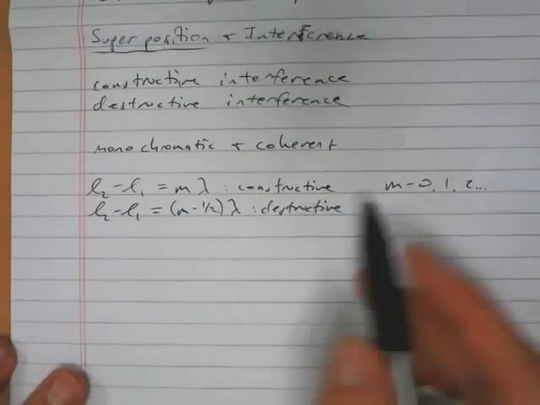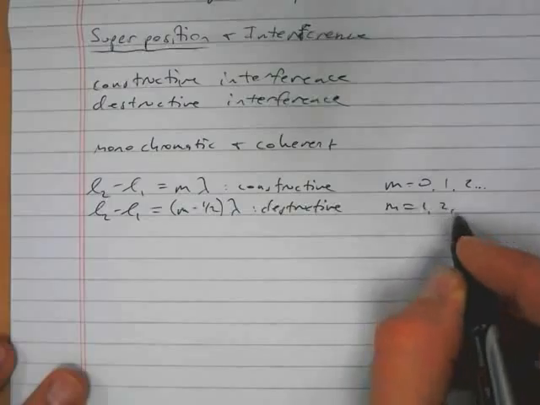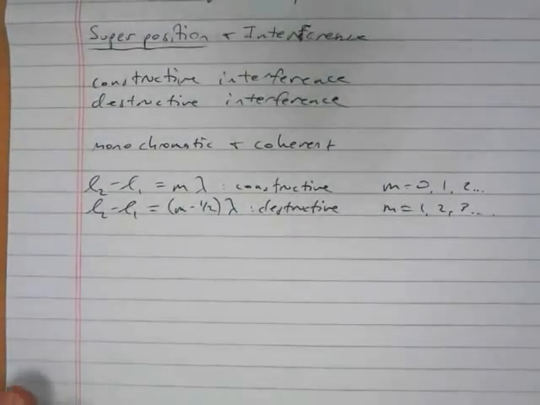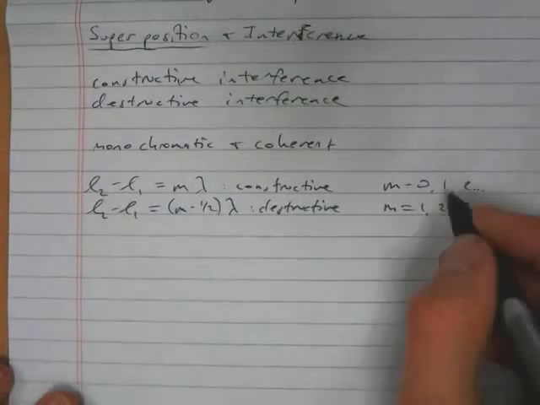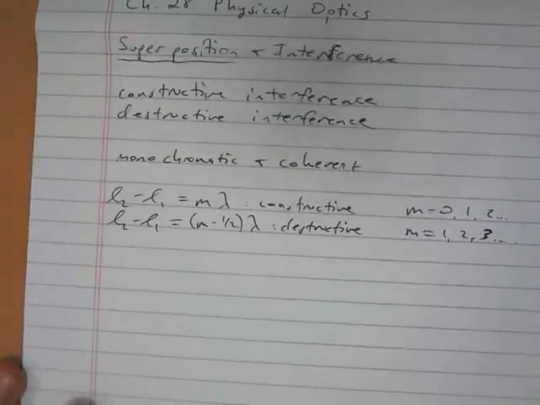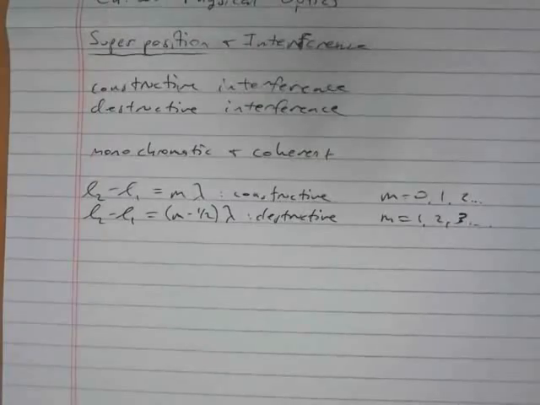And then conventionally, for destructive, m starts with 1, and so forth. But you could just as easily have a negative in terms of the math, but it's just conventional to start with m equals 0 for constructive, and m equals 1 for destructive. All right.